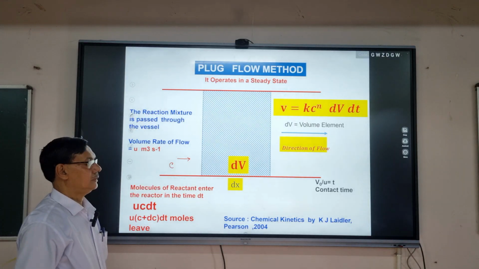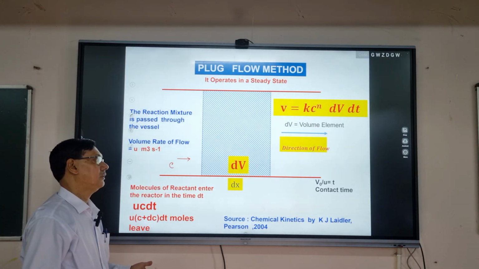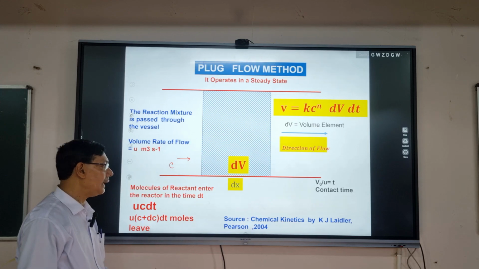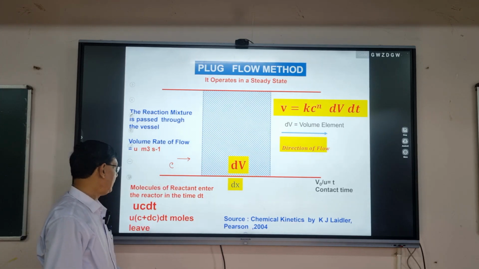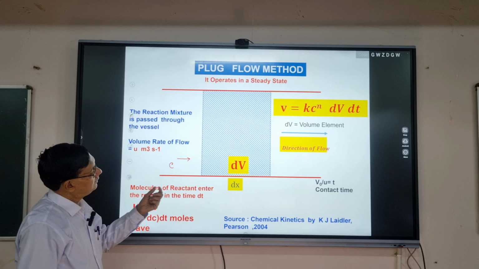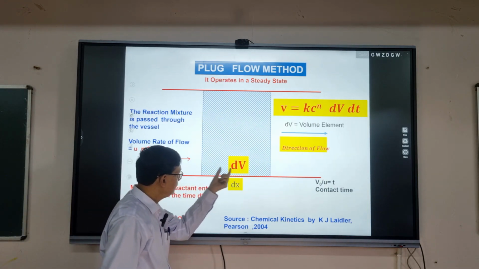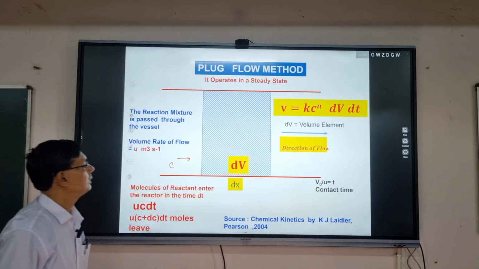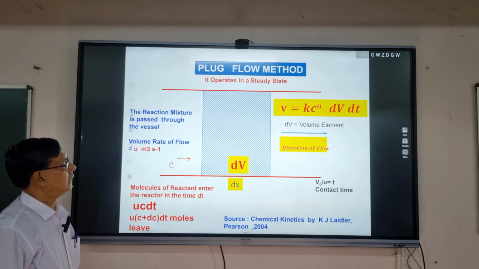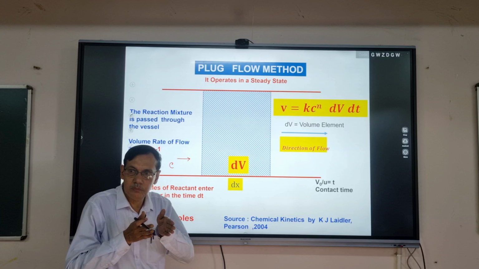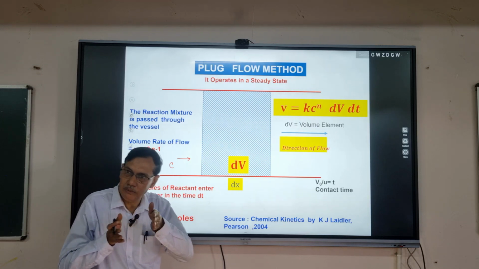Just like a normal system, suppose the rate constant is K, but what is the difference here? Here we have to calculate this volume element, the change in volume element with respect to time, and there must be a flow of that particular reaction mixture.